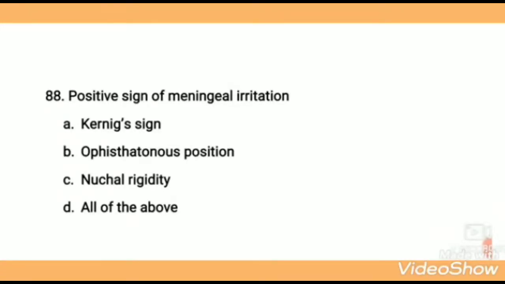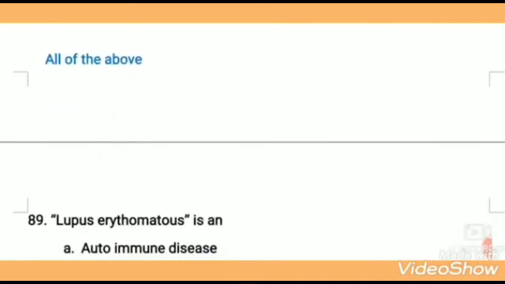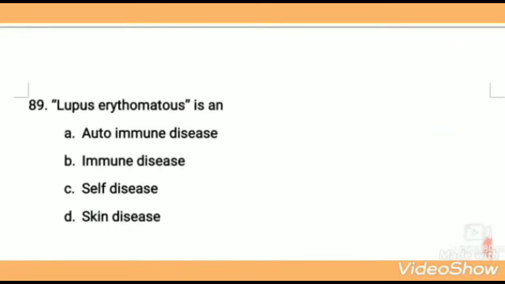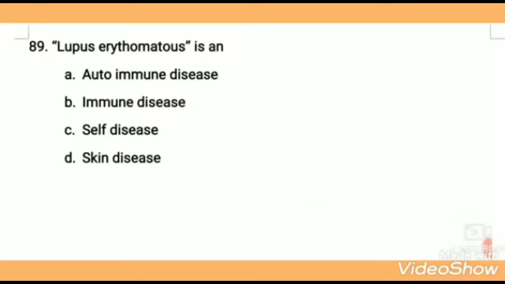The correct answer, positive sign of meningeal irritation is all of the above. Next question. Lupus erythematosus is an autoimmune disease, immune disease, self-disease, or skin disease. So, the correct answer, lupus erythematosus is an autoimmune disease. It is an inflammatory disease caused when the immune system attacks its own tissues. Next question.